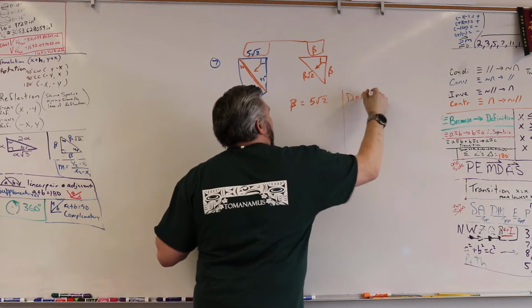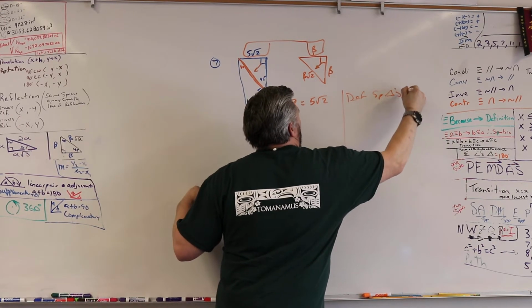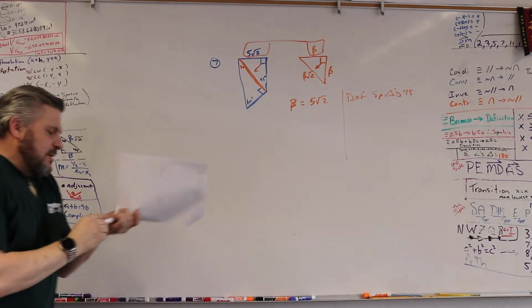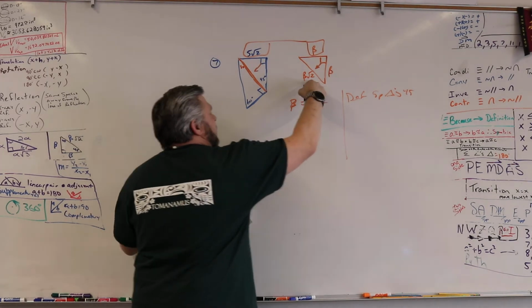Why? Definition of special triangles. What does that make this angle then?